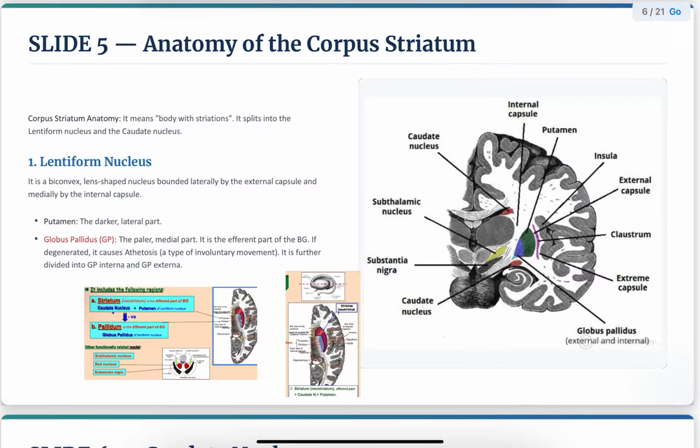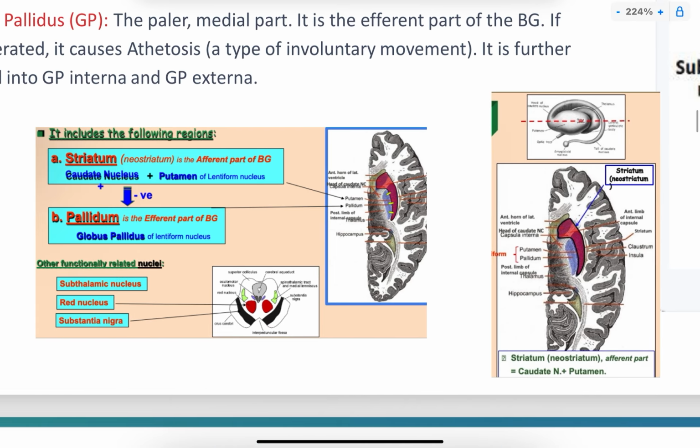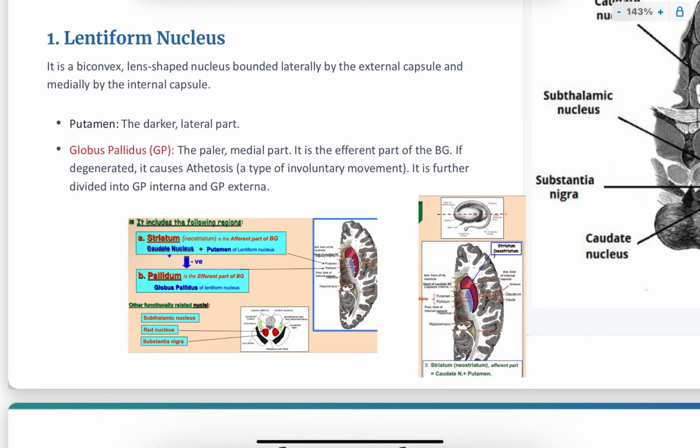If we try to search for it, is it shown here? It's not shown much here. Let's see here in this picture again. Here I have the lentiform nucleus. It's biconvex and lens shaped.